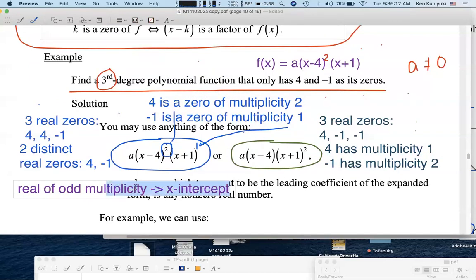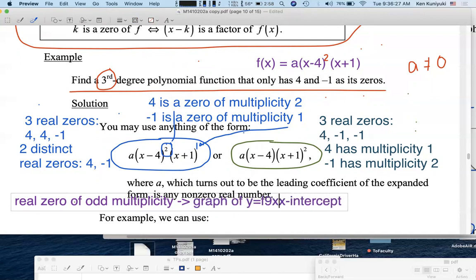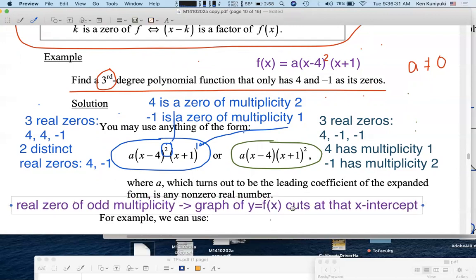If you have a real zero of odd multiplicity like 1, then the graph of y equals f of x cuts at that corresponding x-intercept.